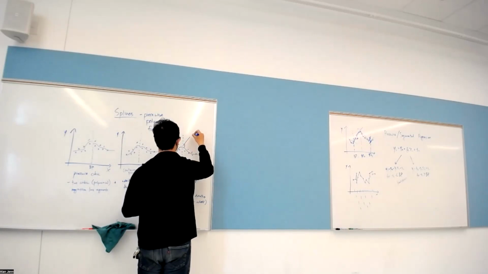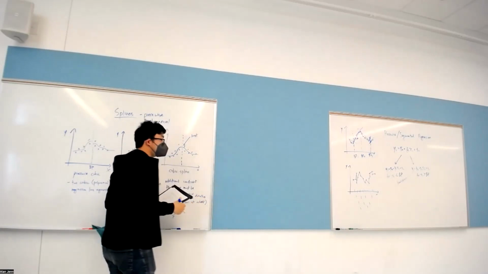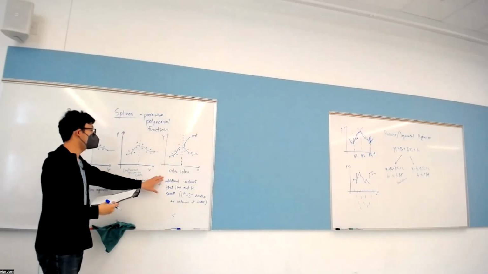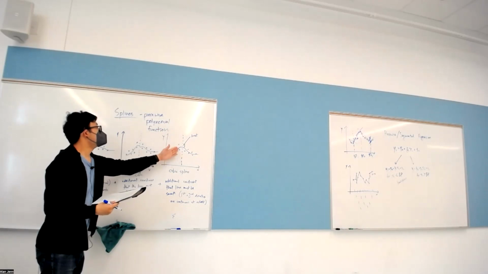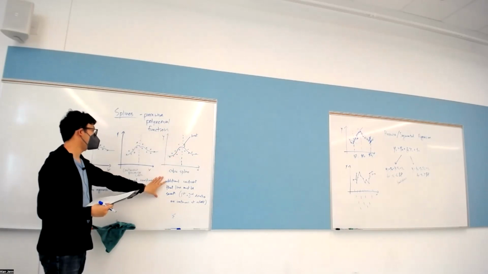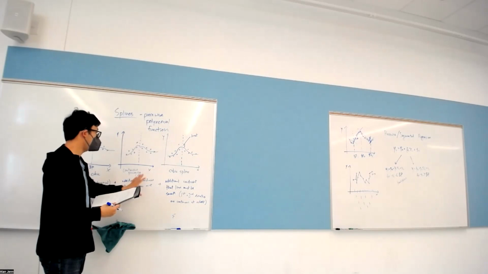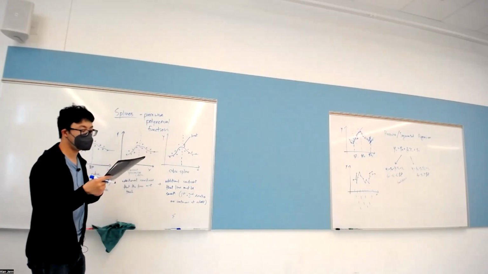And this is known as a knot. Okay, so the breakpoint where you have these constraints, where they touch and have to be smooth, that's known as a knot.